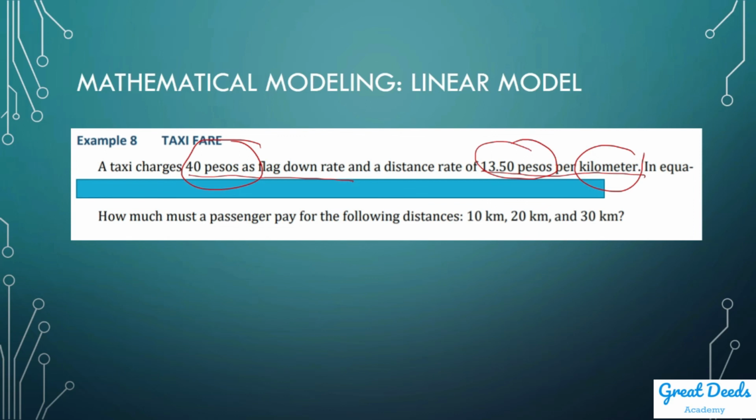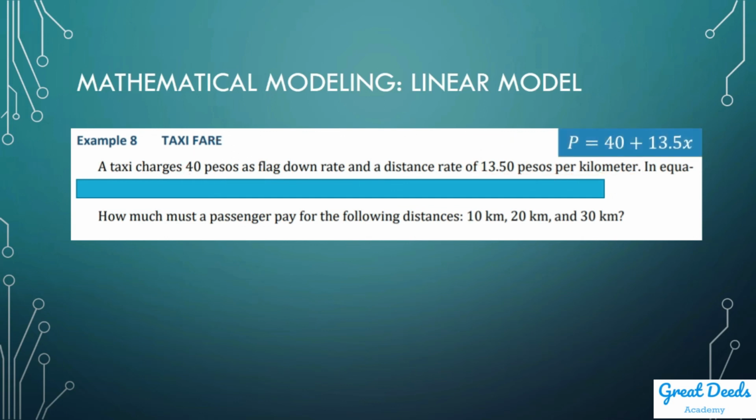So this is your slope. M is 13.50. And what is x? X is the distance your taxi traveled. So the linear model for this fare is this: P is equal to 40 plus 13.5 times x.